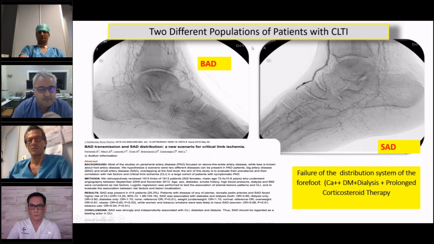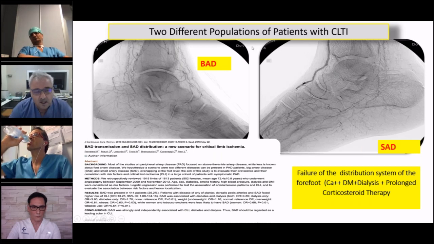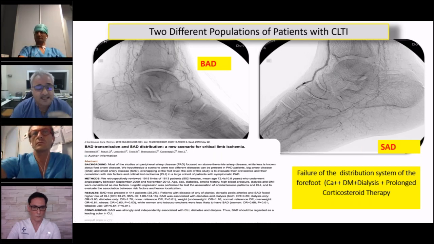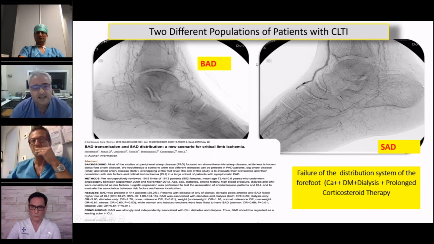We have the good patients who are defined by big artery disease, and in these patients we can be really aggressive, achieving very nice acute results with extreme revascularization, and it's related with a nice acute outcome, probably a fantastic clinical outcome.